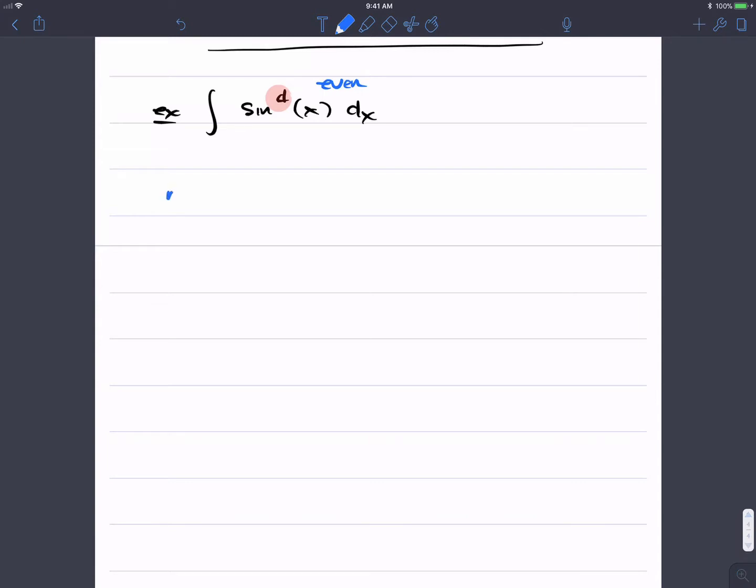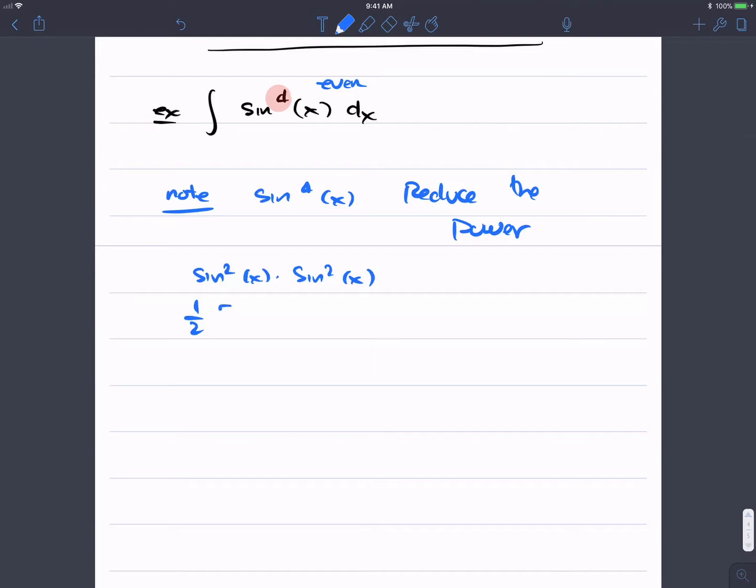So I'm going to write down the kind of work we do in a trig class to reduce the powers. And so you have sine to the 4th here, and that's what we want to focus on. We're going to reduce the power, and how we do that is to write sine to the 4th as sine squared times sine squared. And again, we're going to use a half angle identity for each of the sine squared.